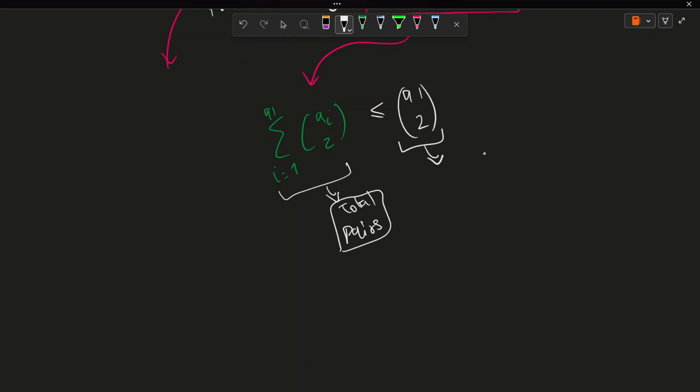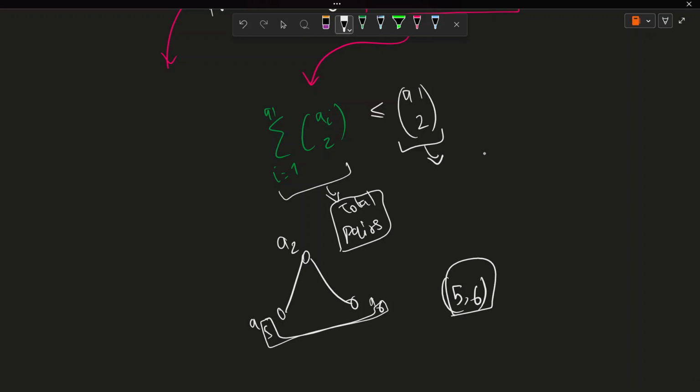For example, let me take a very easy example. Suppose this is A5 and this is A6. Then suppose this is A2. Then 5, 6, this pair appears only in A2, because if it appears somewhere else, then as I said earlier, a quadrangle would be formed.